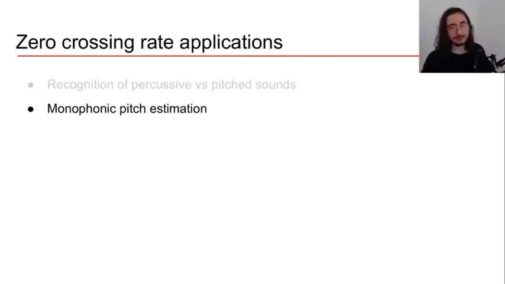If we have a monophonic pitch, basically the idea is that the higher the number of zero crossings that we have, the higher the pitch is going to be. Now, this is not bulletproof, and we now have way more sophisticated monophonic pitch estimators, but zero crossing rate still is a basic idea that we can use to get monophonic pitch estimation.